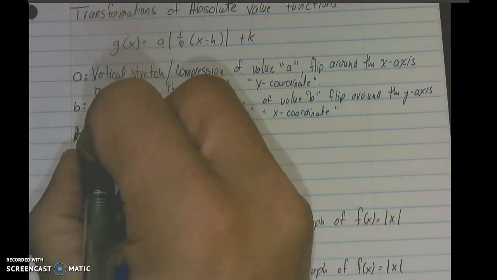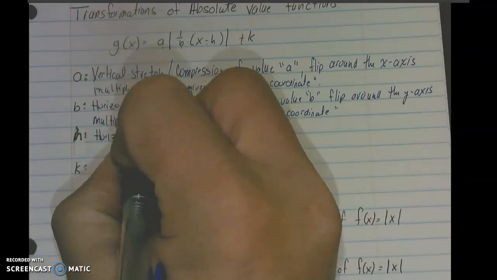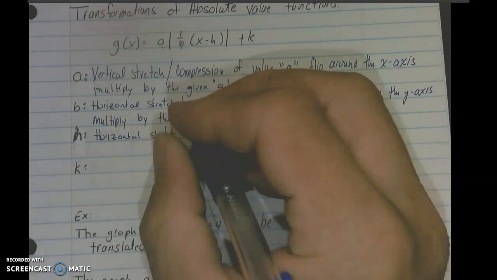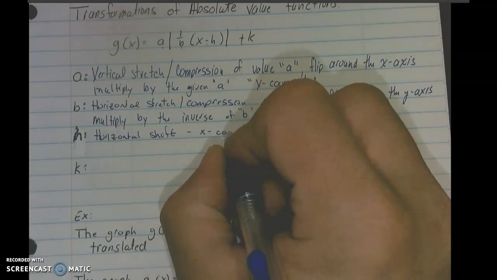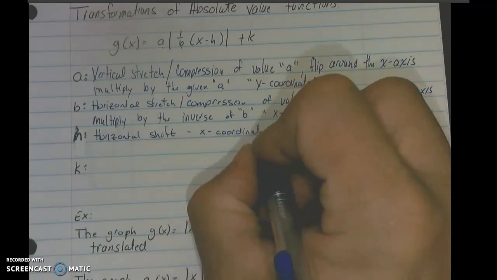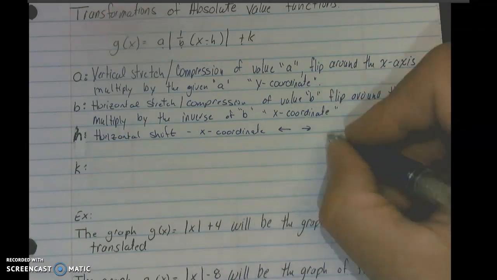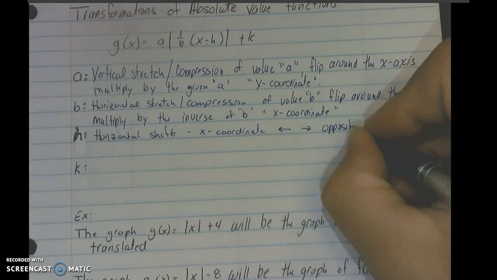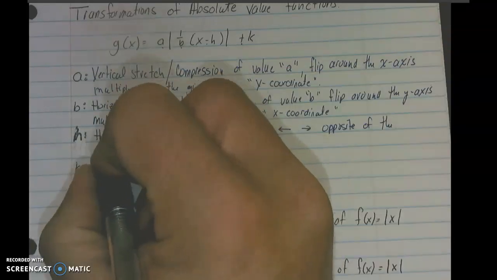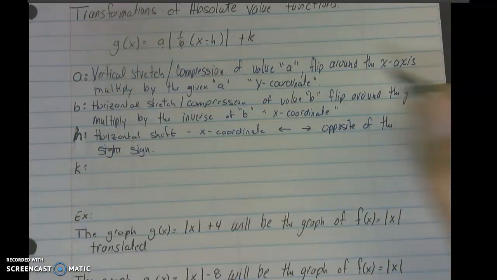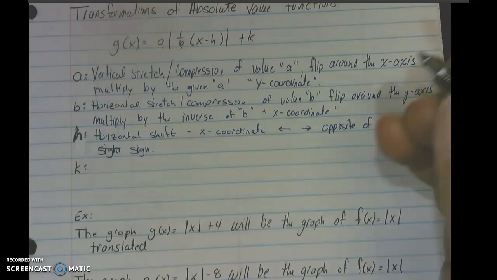H is a horizontal shift, so it affects the x coordinate, and we move it left or right, and we have to do the opposite of the sign. So if it's a positive, obviously we're moving to the left. If it's negative, we move to the right. Okay.